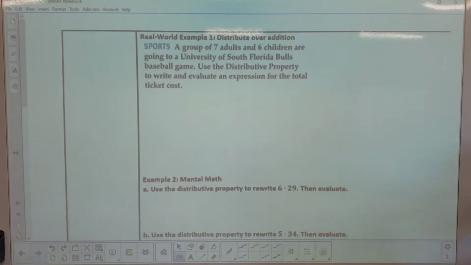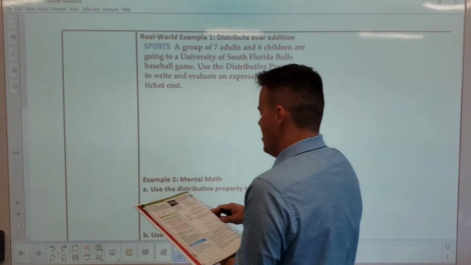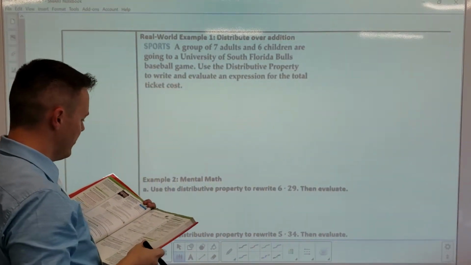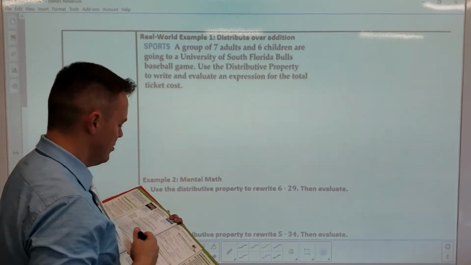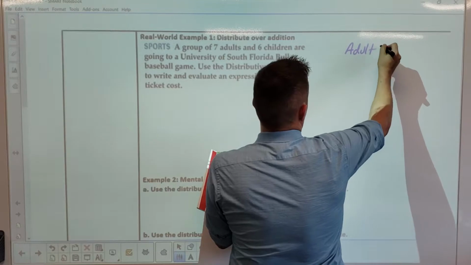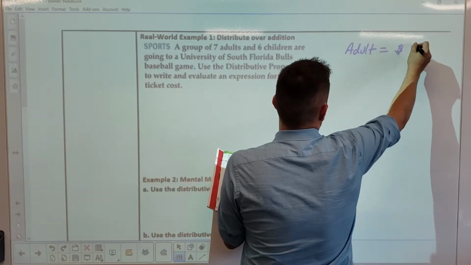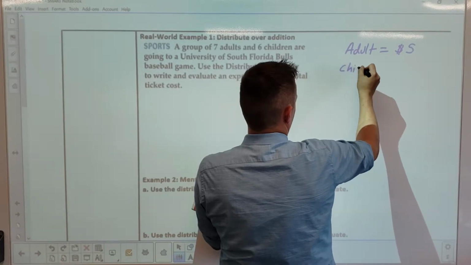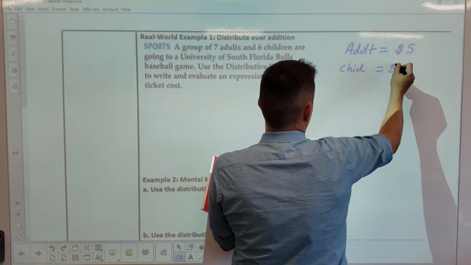The chart that was not put on your notes basically says that for an adult game, so we're looking for a group of adults, a single cost for adult single is $5, okay? Children single is $3.